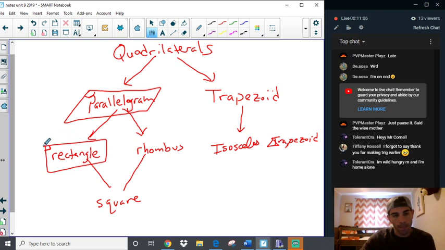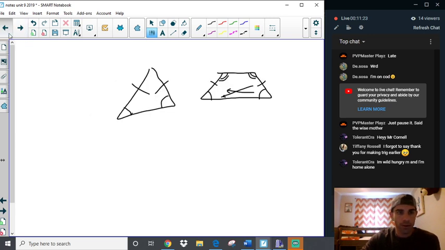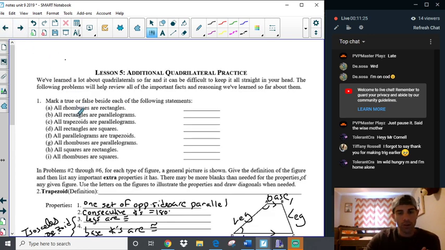The rectangle has all of the rules of the parallelogram, right? The parallelogram does not have all of the rules of the rectangle, i.e. the 90 degrees. So when you do these questions in the front here, basically you're looking at that chart and saying, okay, can you move up the chart? If you can move up the chart, you're true, and if you're moving down the chart, you're false. And you can't go left to right.